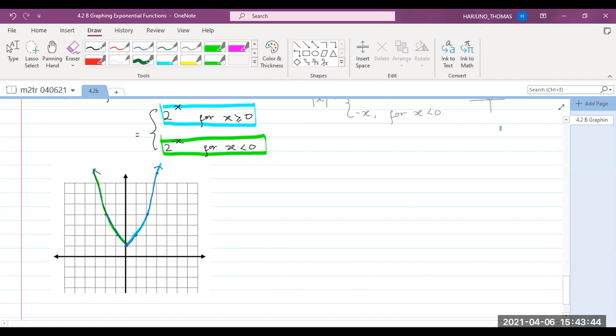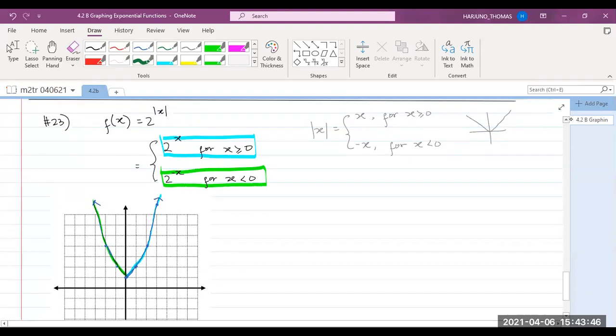Now, actually we can also see it another way. Oh, you know what? This function is an even function. Why? When you use f of negative x, that's 2 to the absolute negative x, which is 2 to the absolute x anyway, right?